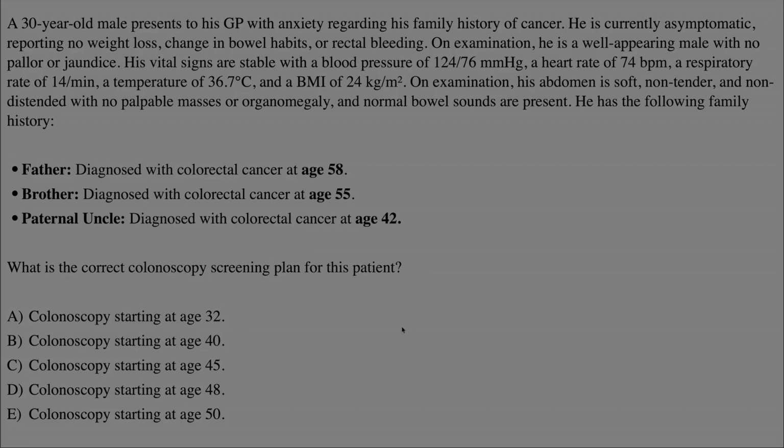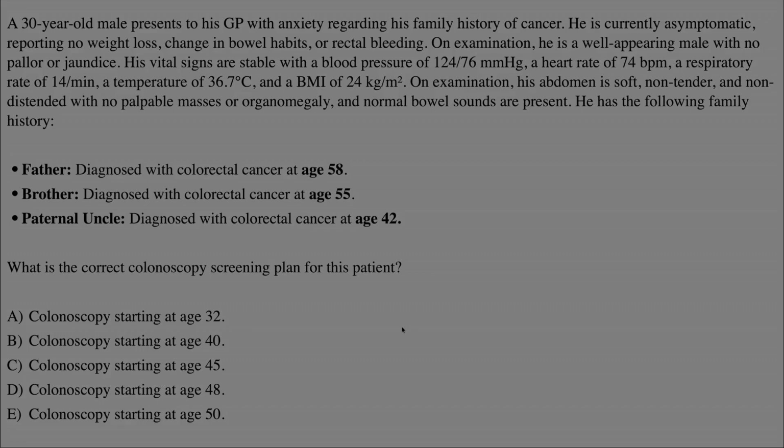His vital signs are stable with a blood pressure of 124/76, heart rate of 74, RR of 14, temperature of 36.7, and a BMI of 24. His abdomen is soft, non-tender, and non-distended with no palpable masses or organomegaly, and normal bowel sounds are present. He has the following family history.